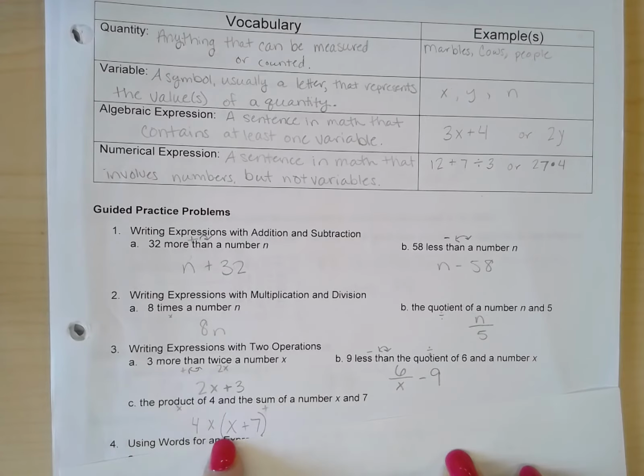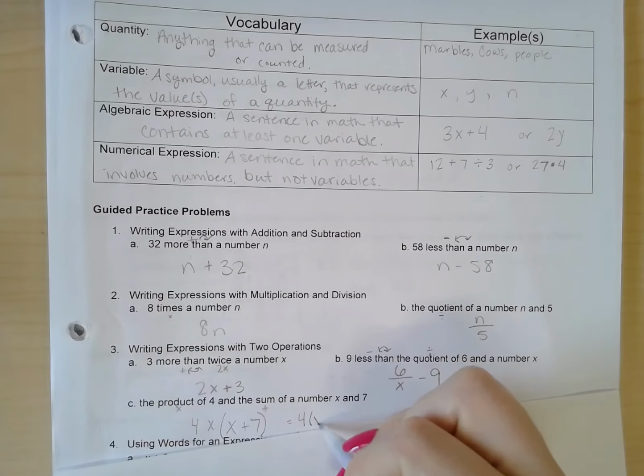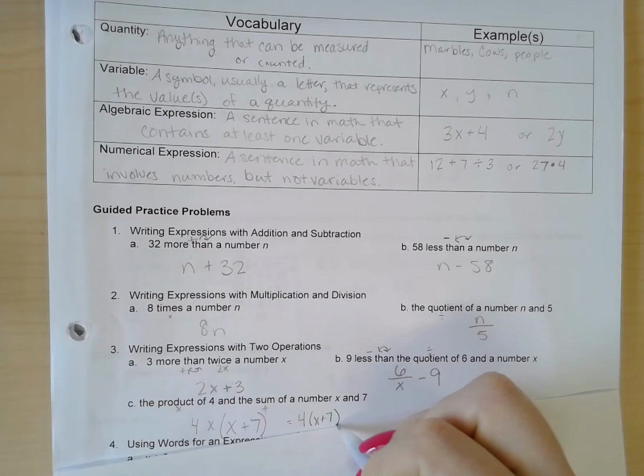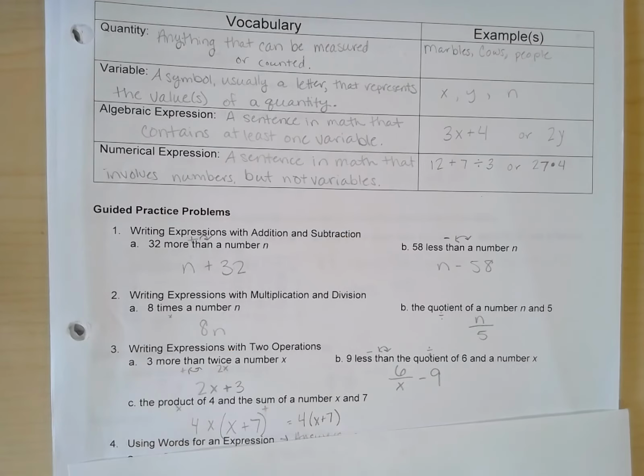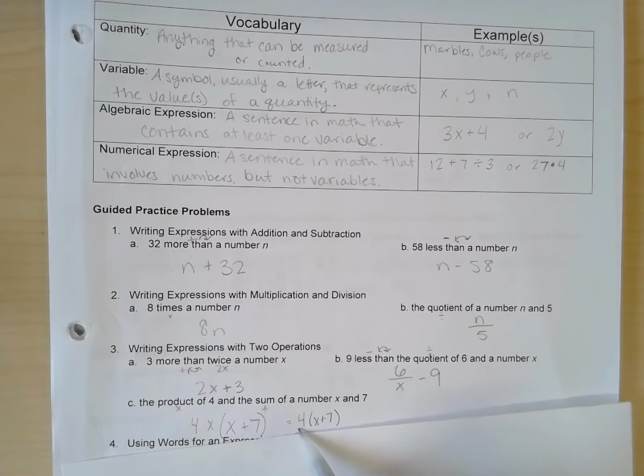That goes in parentheses because we can also write this as 4 and then just x plus 7 in parentheses. Okay, so we can write it as if it was going to be a distribution problem. 4 times the sum, or the addition, of x and 7.